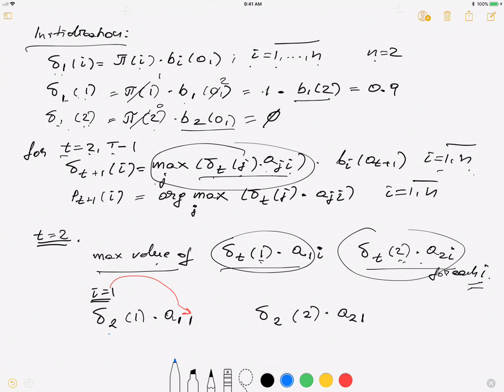Observe again, this index corresponds to t. And this index corresponds to j, which I would like to find such that the whole value here is maximized. So I need to calculate this one and see which one is larger.